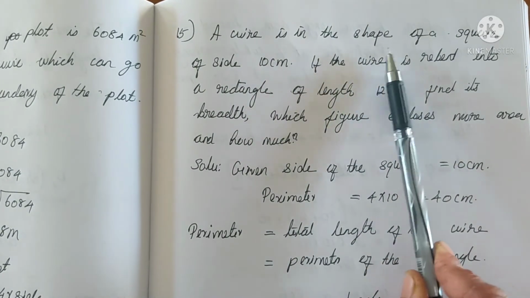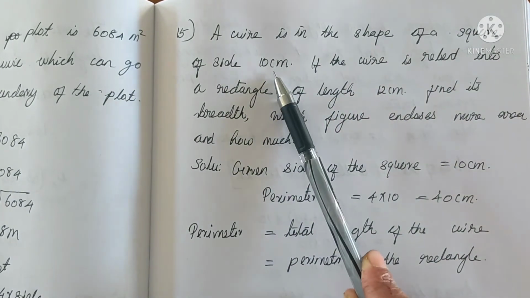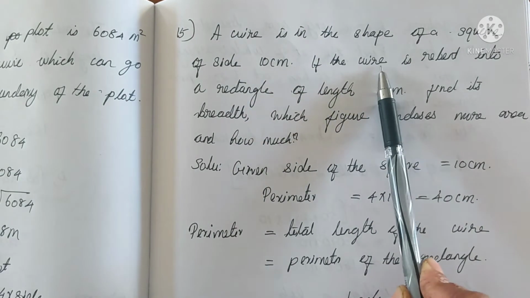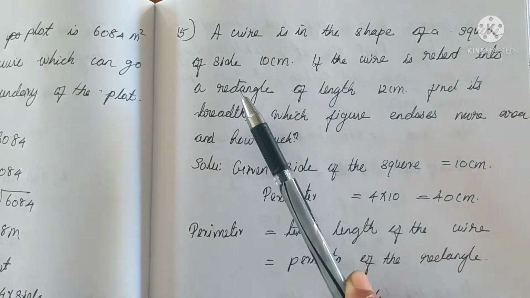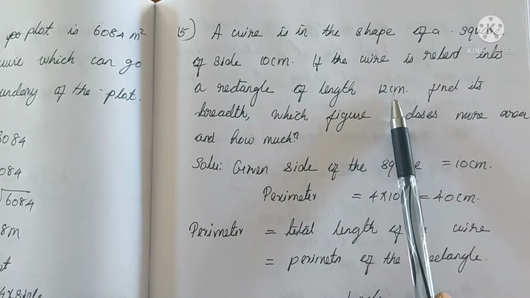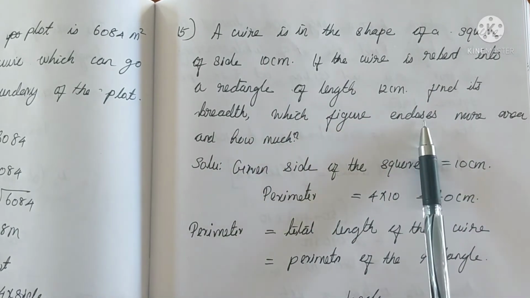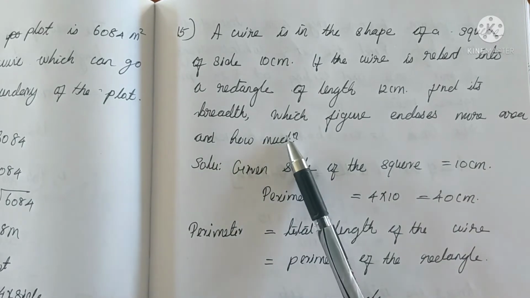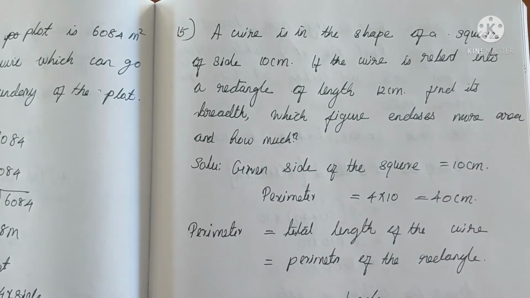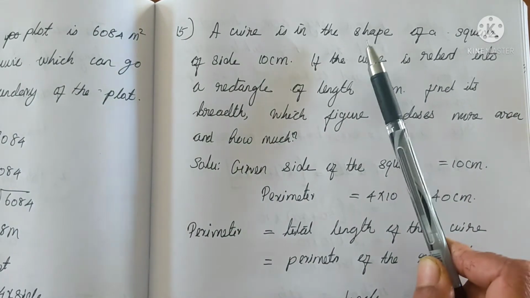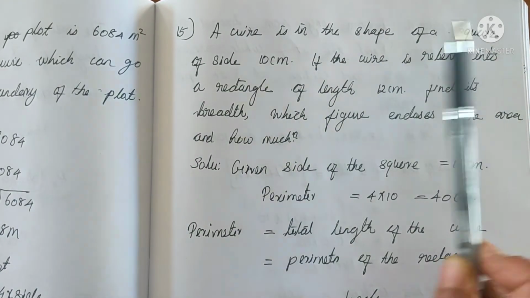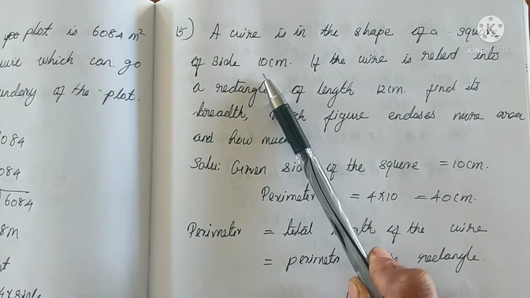Question number 15. A wire is in the shape of a square of side 10 centimeter. If the wire is rebent into a rectangle of length 12 centimeter, find its breadth. Which figure encloses more area and how much? Once again we can see this question. There is a wire which is in the shape of a square. Side is given 10 centimeter.